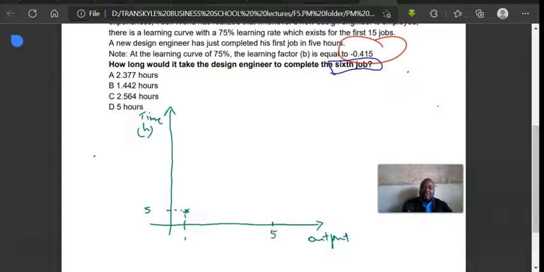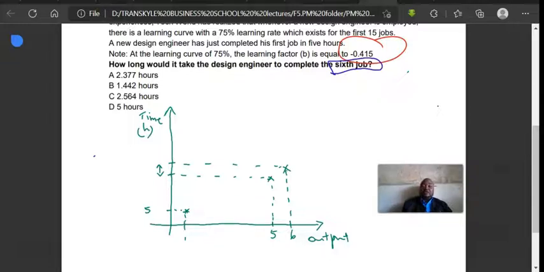How many hours does it take? We need to determine that for this particular job because it's actually relevant to us, and we also need the time for job number 6. Job number 6 should be somewhere here. So we need to determine the difference. This point, that's what we need.